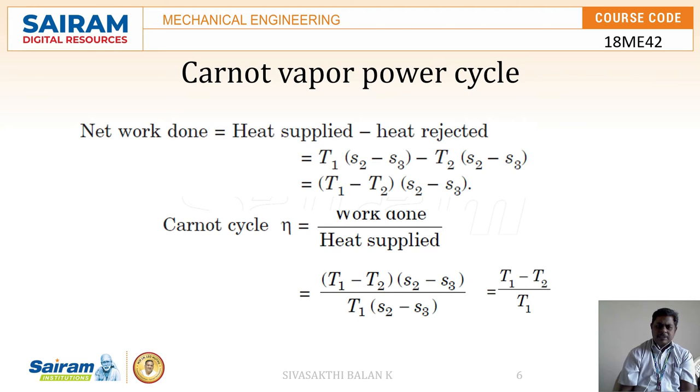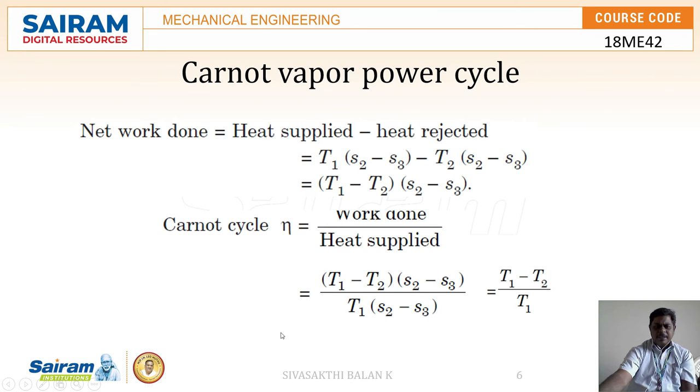If we substitute the values in terms of T ds, we get net work done as T1 minus T2 multiplied by S2 minus S3, where S2 and S3 represent the entropy at states 2 and 3, and moreover S2 is equal to S3... S3 is equal to S4, and S4 is equal to S1.